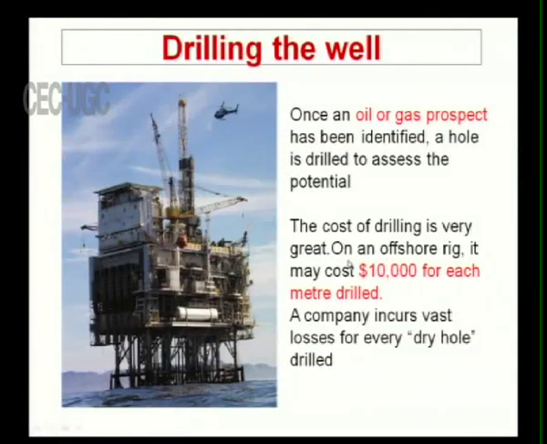Drilling 1 meter costs around $10,000, and a lot of holes are drilled into the ocean, and there are some dry holes also, and they become waste. In that way also a lot of pollution and damage is happening to the environment.